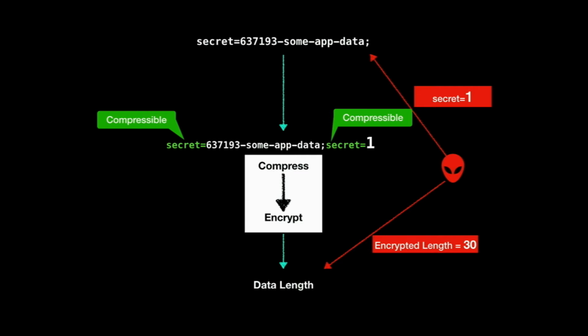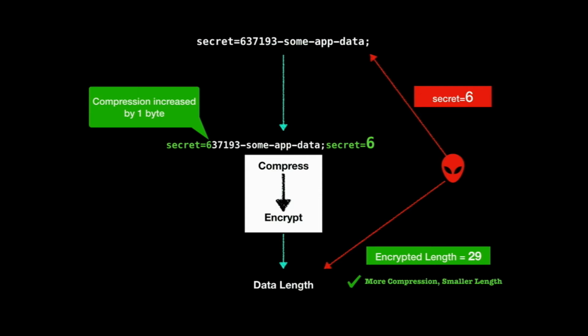All right. So let's see what the attacker does here. He tries to send secret equals 1, and he observes the length as 30. Now he tries it with 2, now with 3, 4, and he tries it with 5. And when he sends 6, what happens is the compression length increases.